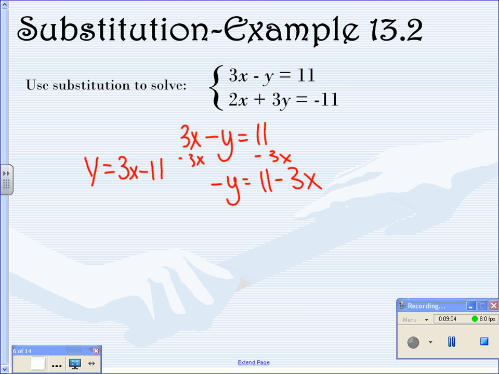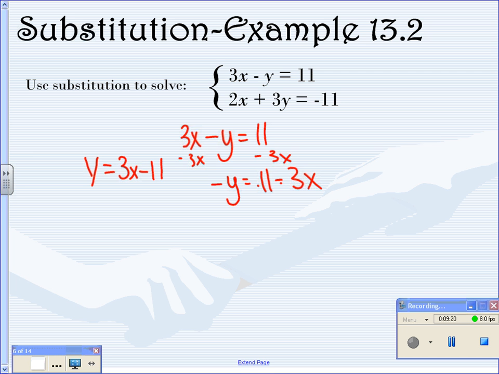You would get that, but that's -y, and you have to get rid of the negative. So -11, +3x. Does that make sense? Okay? You didn't have to do it that way. You could have moved your y over to the right side.